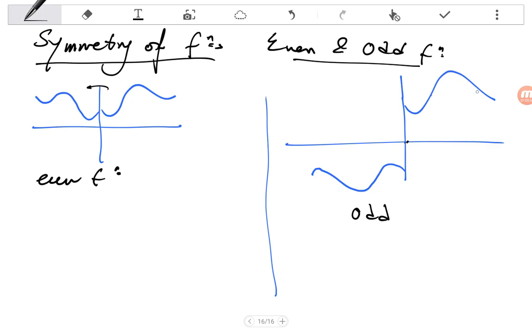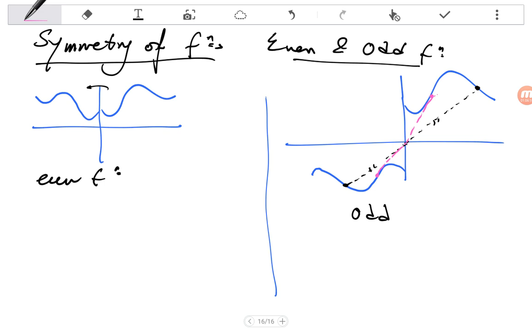What is meant by about the origin? If I had a point here like this, and I made a straight line to the origin, I will find another point on the other side with the same distance like this. So any point like this, we'll find another similar point on the other side like this.